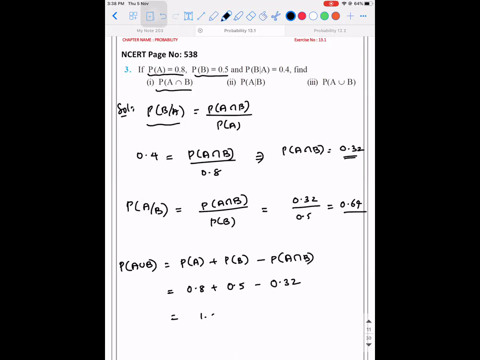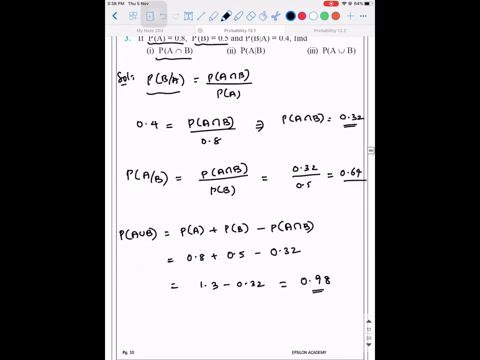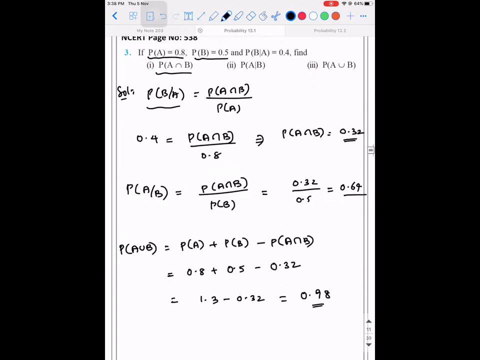So it will be 1.3 minus 0.32. How much is the answer, guys? 0.98. Okay. So 0.98 will be the answer. It's approximately 1. Right? So all are directly based on formula. Shall I move on?